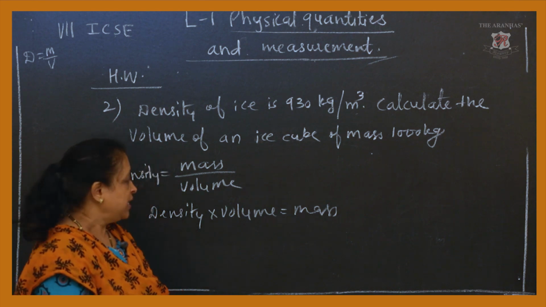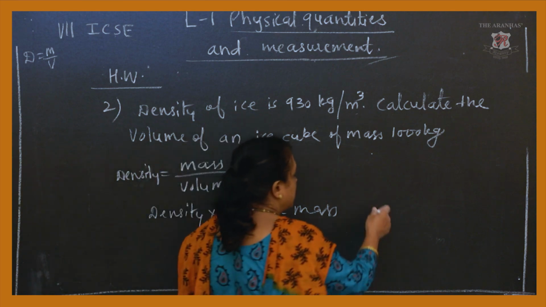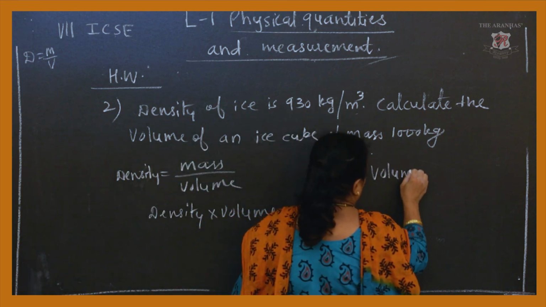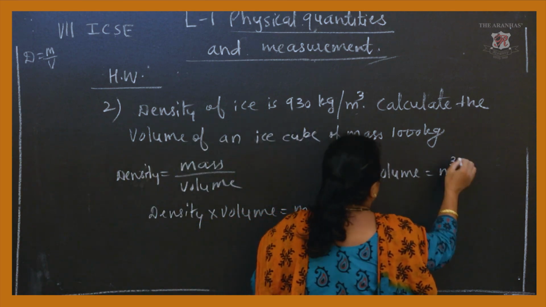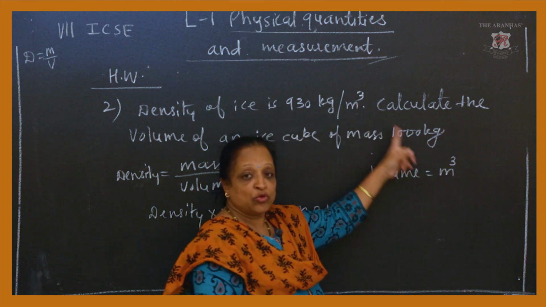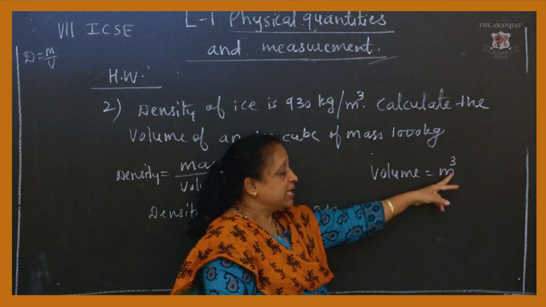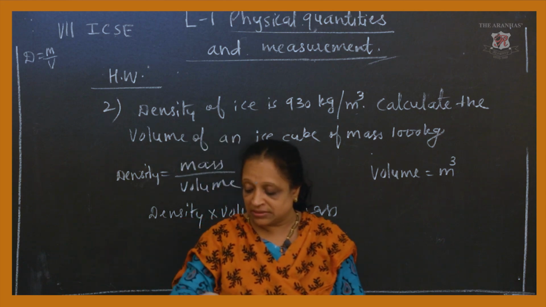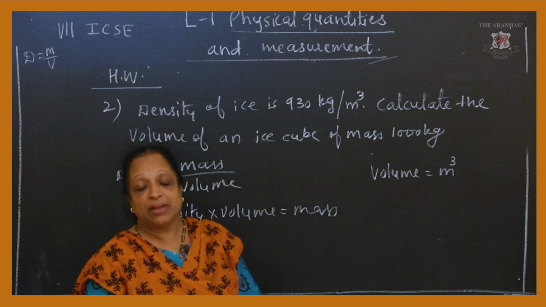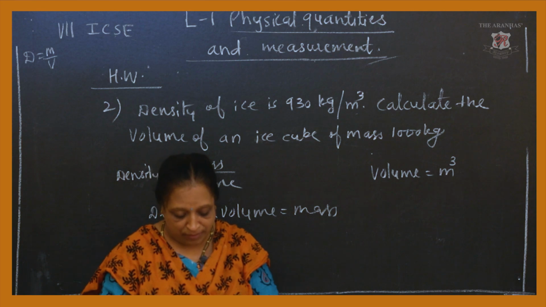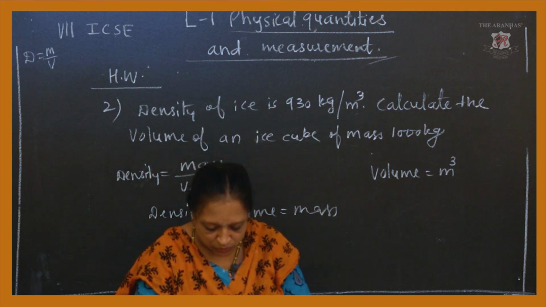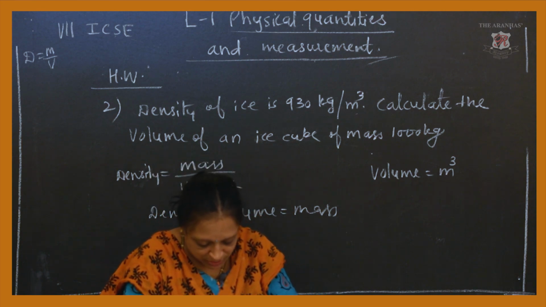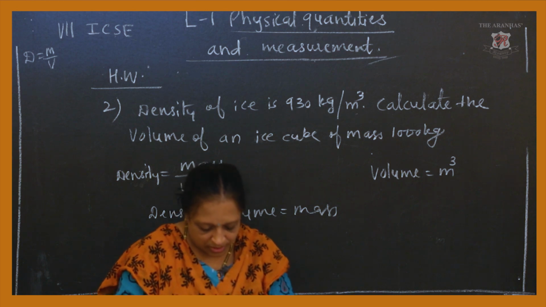Since volume is being asked, the volume will be expressed in cubic meter as the unit of measurement, meaning the answer which you get will be expressed in cubic meter. I'll give you one more sum of this density, volume, mass. Second sum.